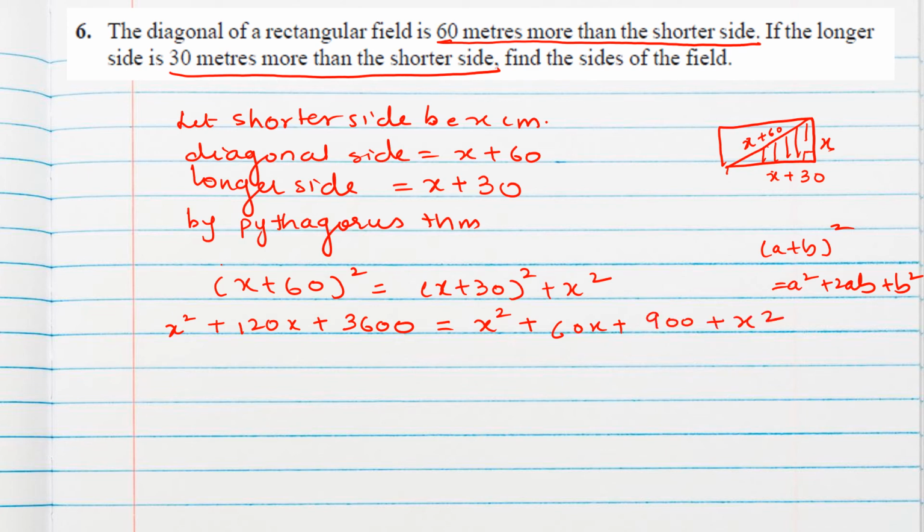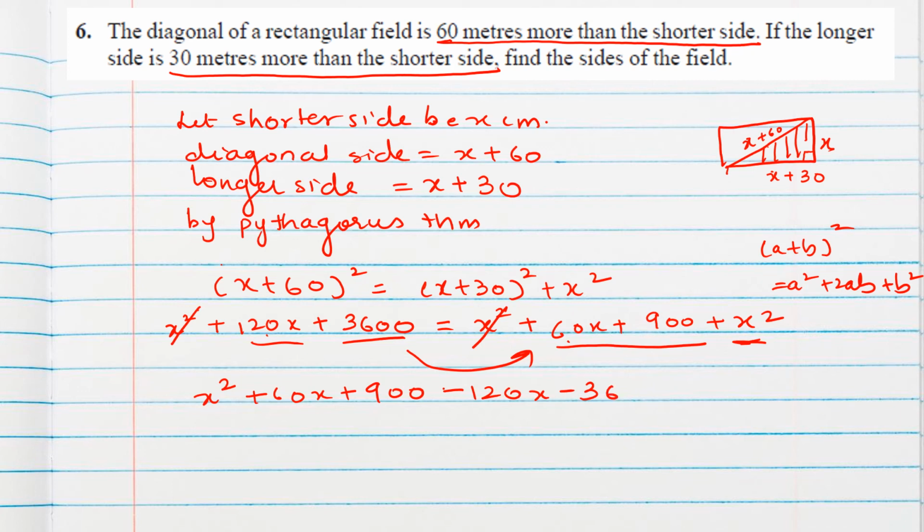See, 1 x square will go with this 1 x square. These two terms we will shift to the right side. So here x square is there, we will write x square same. Then 60x plus 900 is already there, we will write 60x plus 900. These two terms we are shifting here, so with minus sign it will shift, minus 120x, minus 3600 equals to 0.